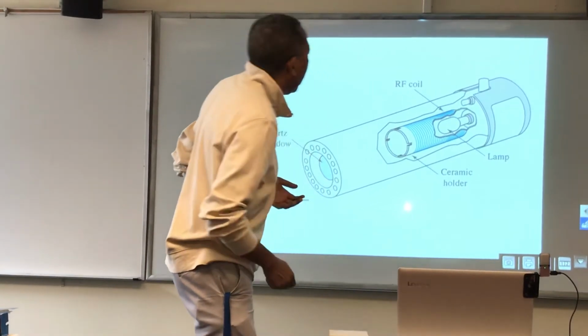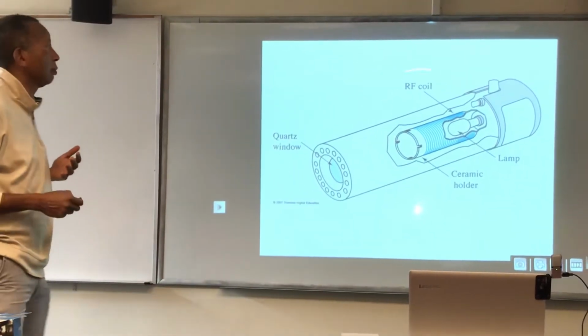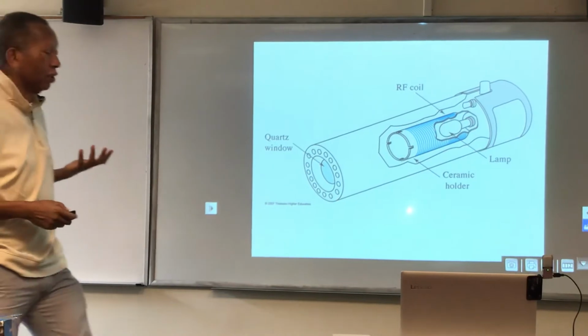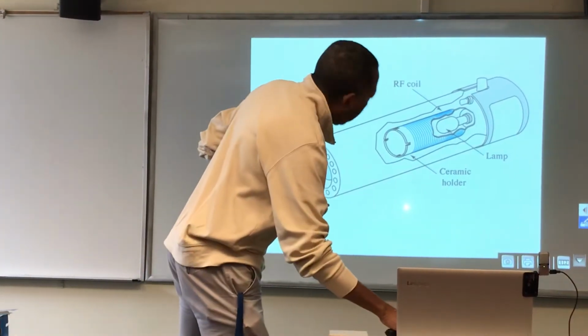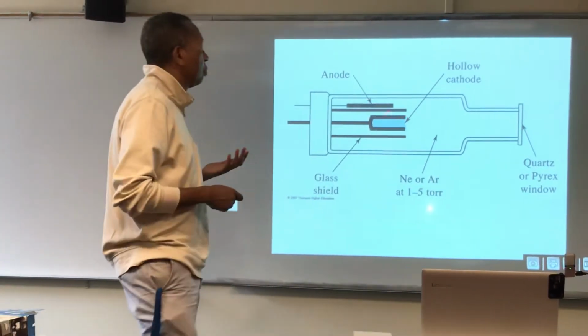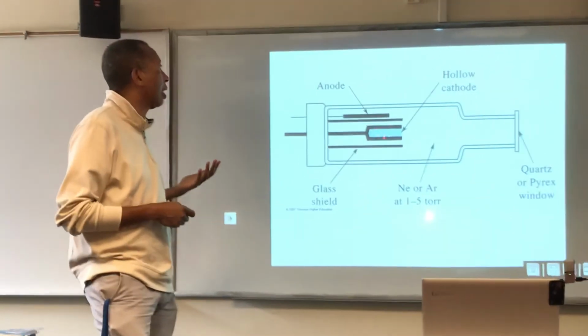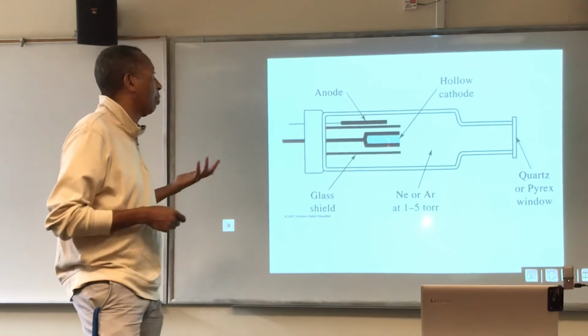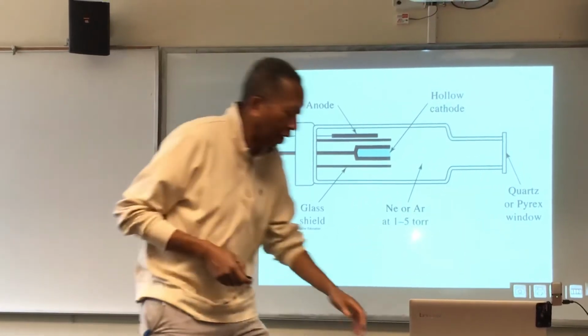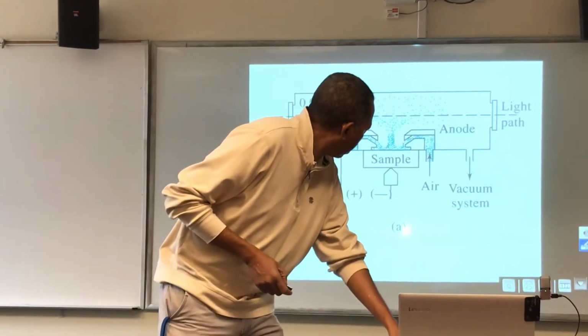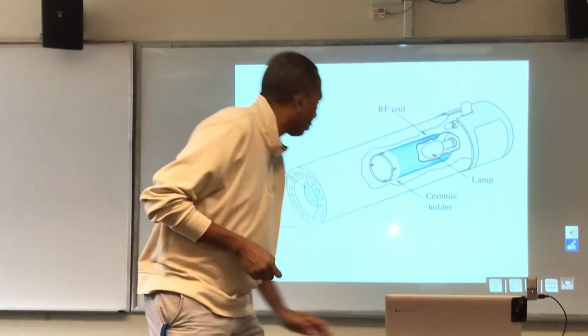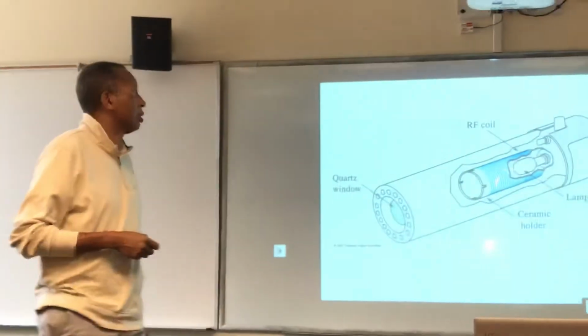All right? We have another type of source. I mean, in all of these, if we go back, all we're doing is providing energy to excite the molecules from the ground state to the excited state. Here we're doing it by applying a potential between the cathode and the anode. Here, all we're doing is the same thing.